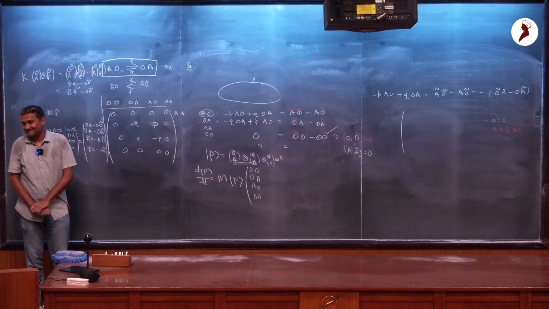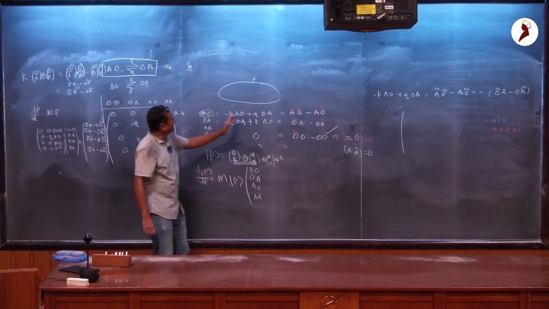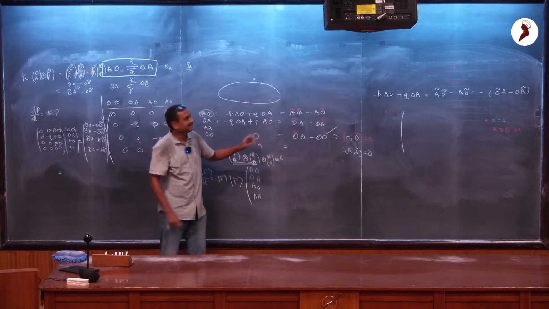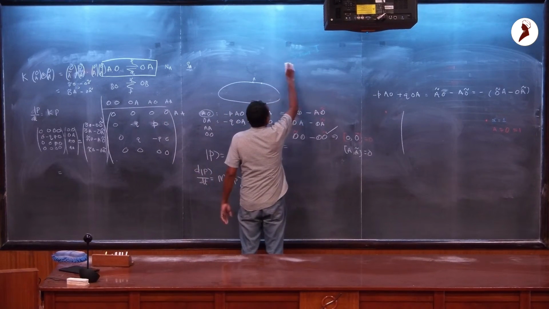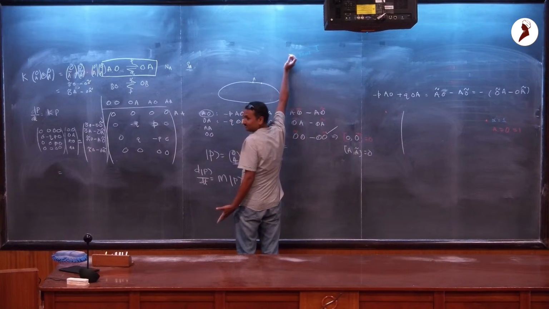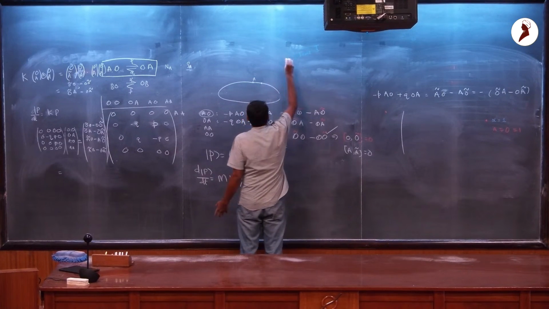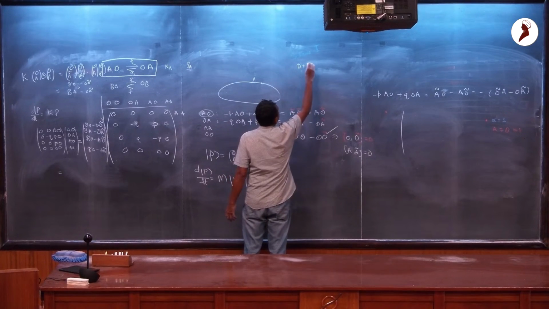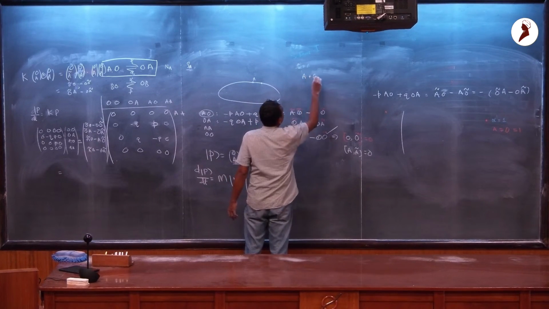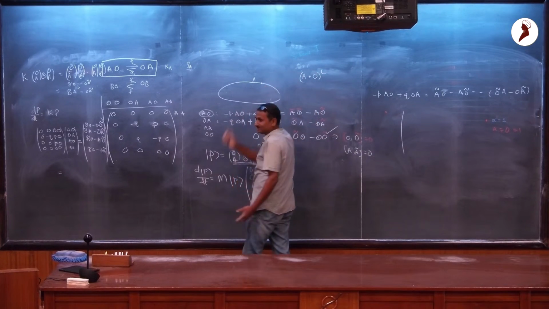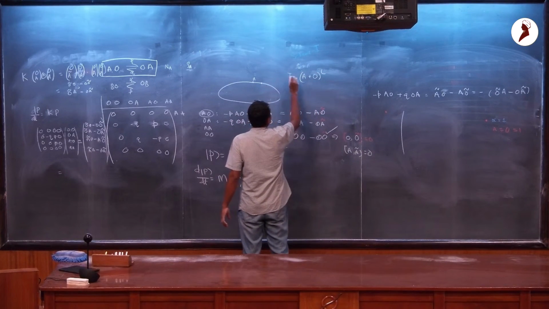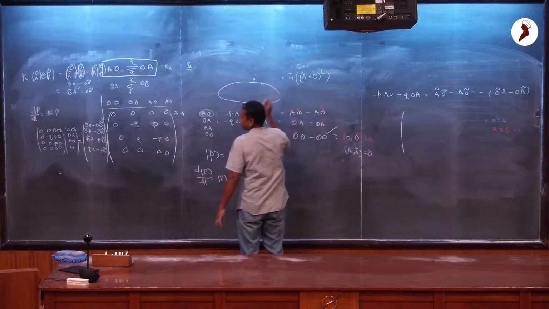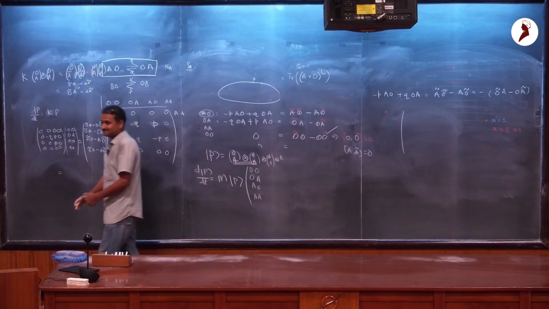But still, if I find a D and E, then I know the probability of each configuration, right? Because it is just (D plus E, A plus O) whole to the power L. This will generate all the states. And the trace of that is the partition function because this is the sum of all weights.